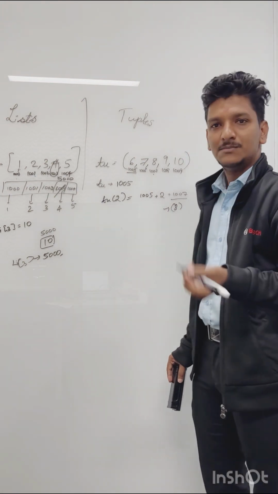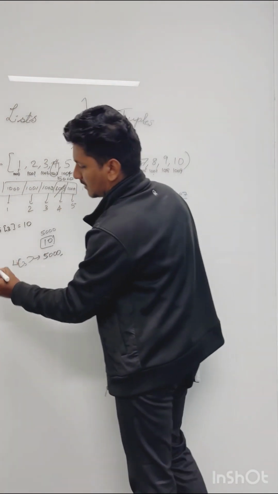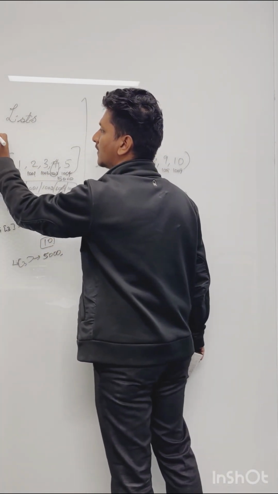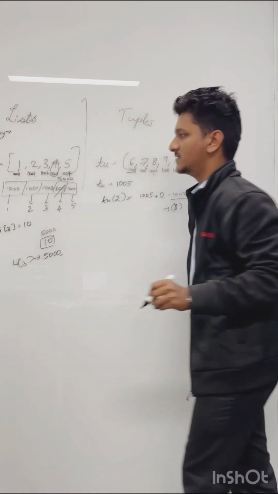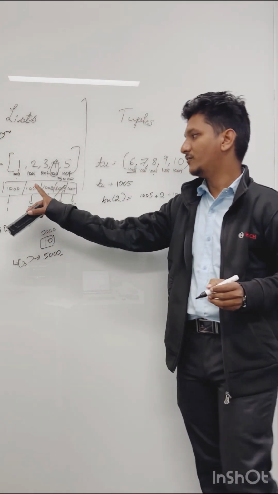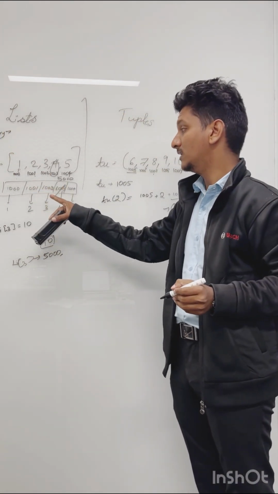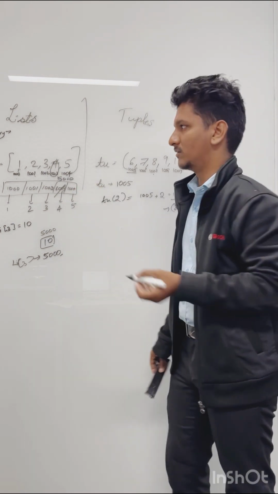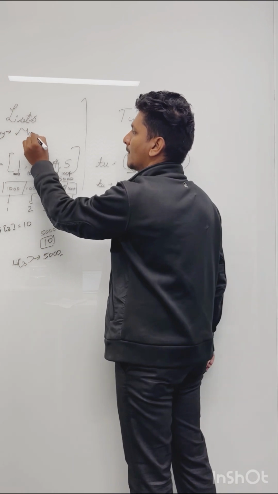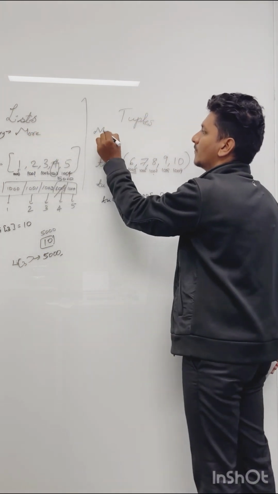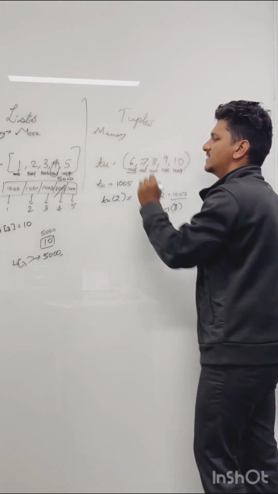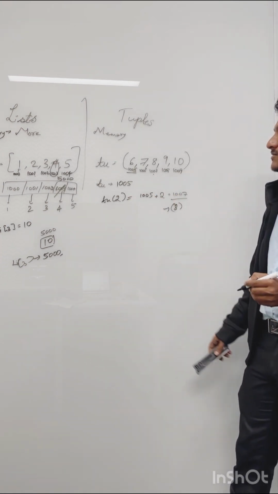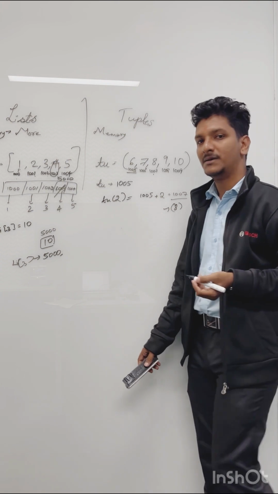And then comes the second difference. Second difference is memory consumed. Since it has the address of all the elements, memory consumed in case of list will be more. Since it just has the address of first element of a tuple, memory consumed in case of tuple will be very less.